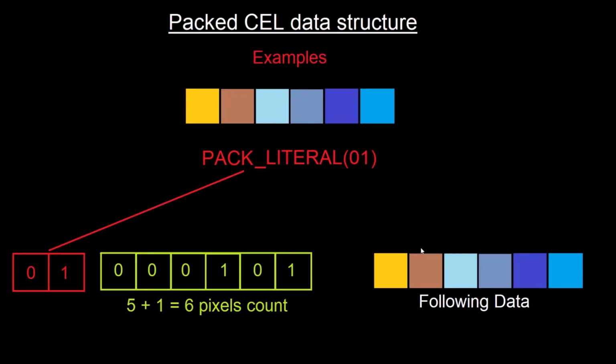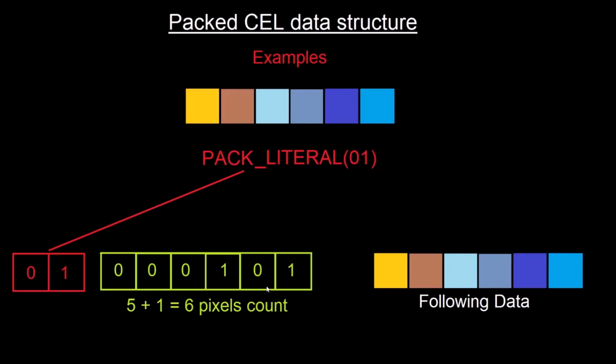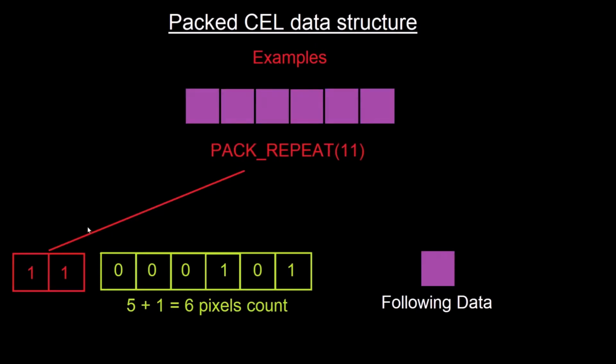So you might have a bitmap with big areas of pixels, like here actually, the repeat. You might have 6 pixels in a row that are the same pixel, the same color. So you give again, see here, the previous example, 6 pixels, but it's pack literal, and this one is pack repeat, 6 pixels, but now the following data is 1 pixel value.